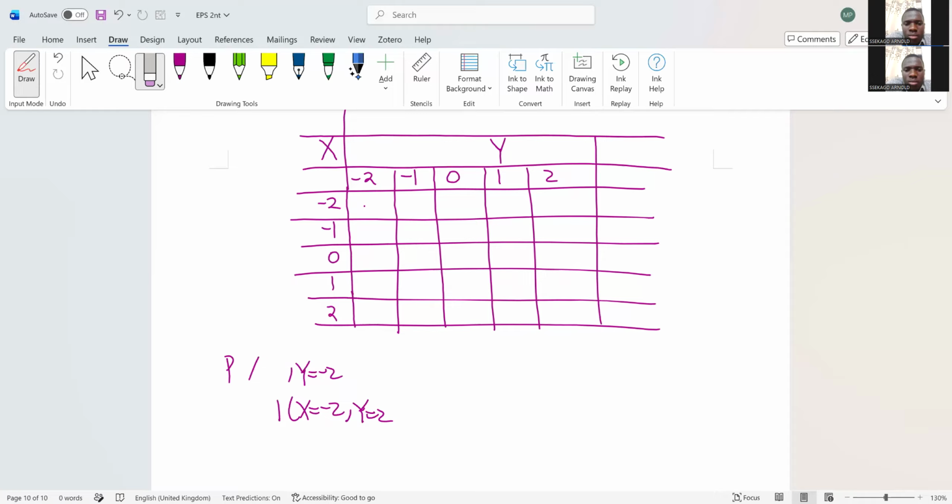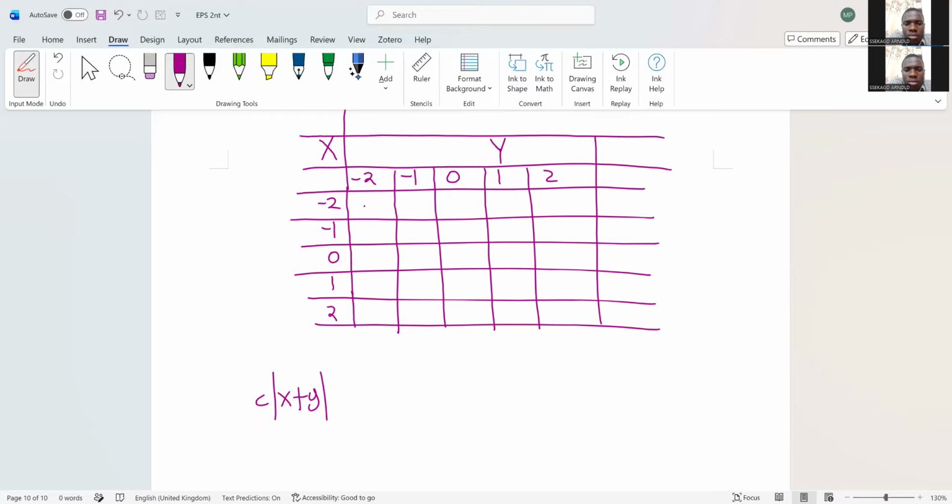Therefore, allow me to feed in these values. How do we feed in our values? For the first entry, x is -2, y is -2. Our distribution is C absolute value of x plus y.